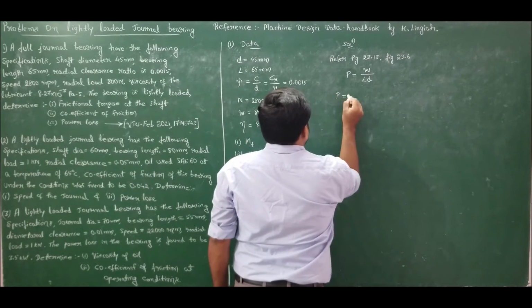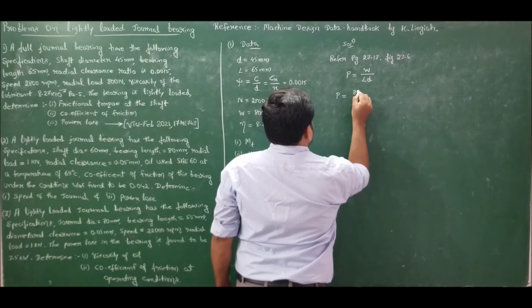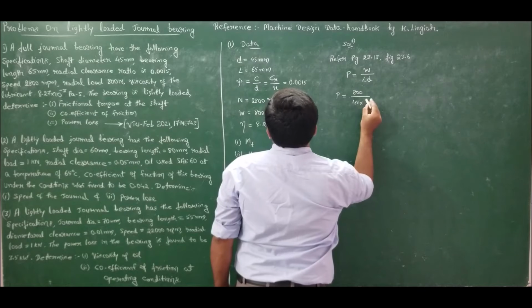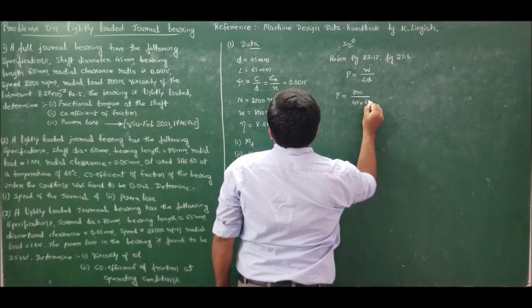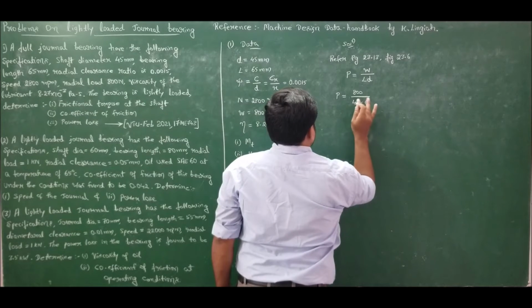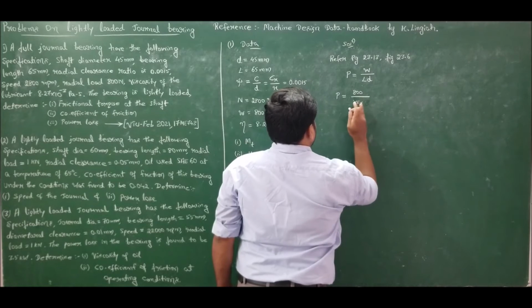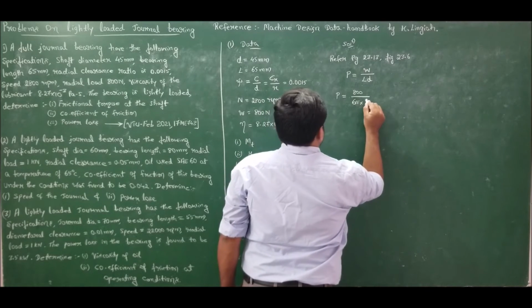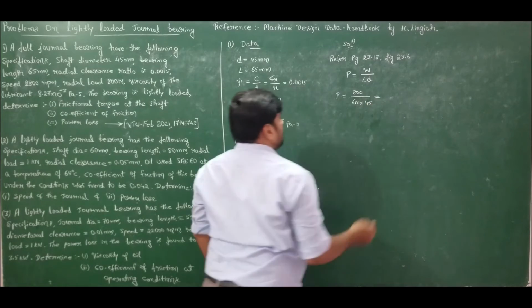Right, so therefore what is the bearing pressure? Bearing pressure will become load, 800 newtons, divided by length 65 into diameter 45. Length is 65 millimeters and diameter is 45 millimeters.